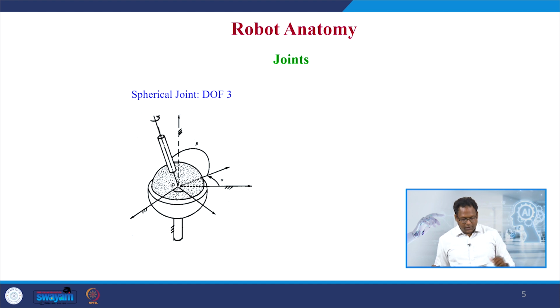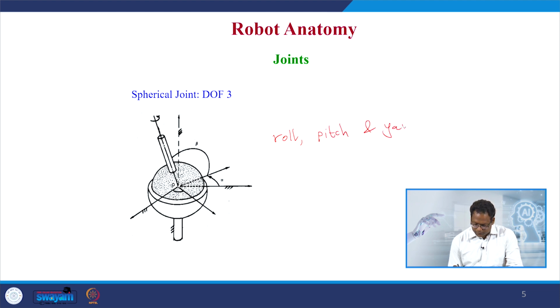In the case of the spherical joint, we have 3 degrees of freedom, which indicates roll, pitch and yaw.